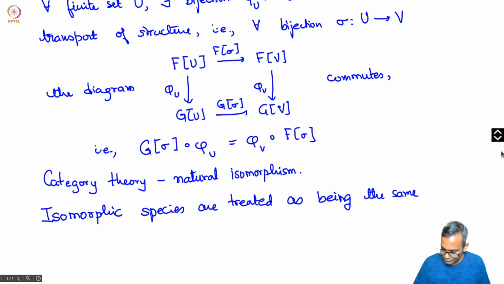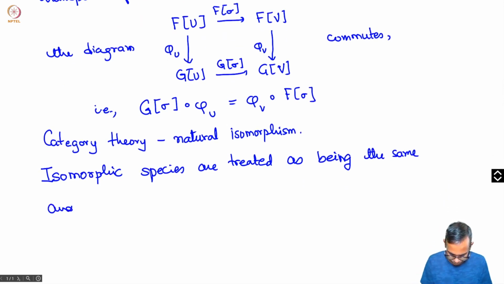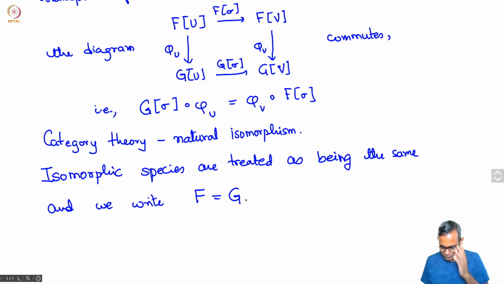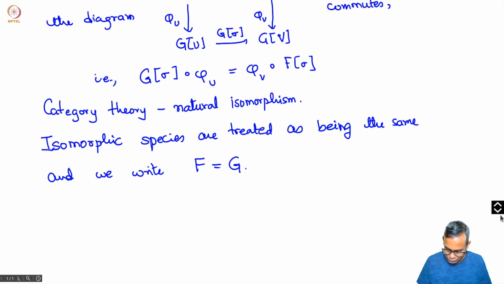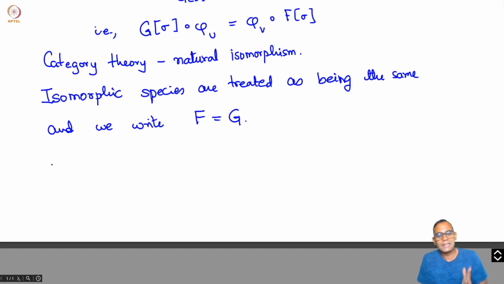And we write F is equal to G if F is isomorphic to G as a species. Okay, so let me give you an example which illustrates this. Basically what it means is that they may look slightly different in the way they are defined, but for all practical purposes they are the same.